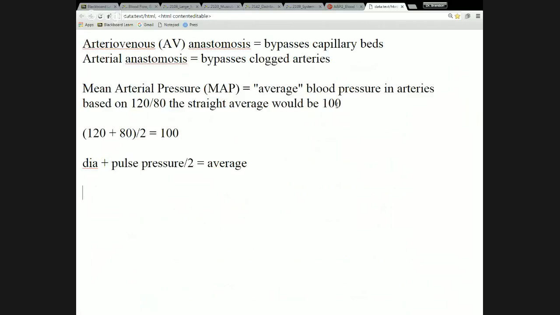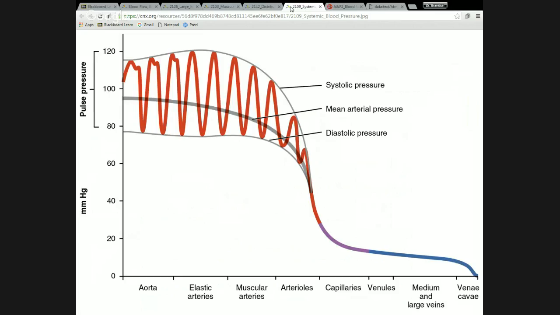So that would be 80 plus, what's the pulse pressure? It's the difference between diastolic and systolic.